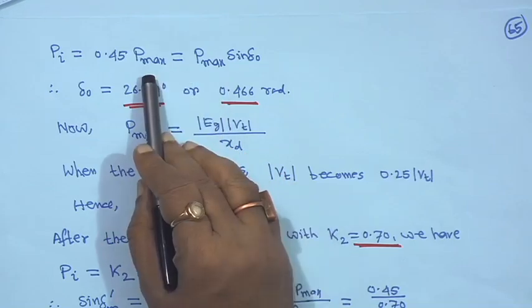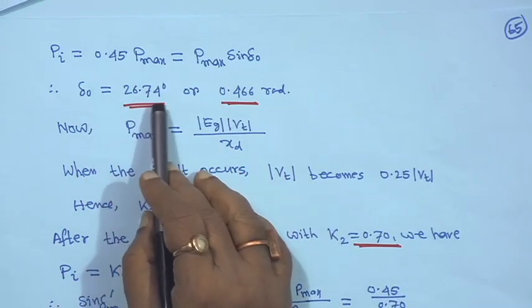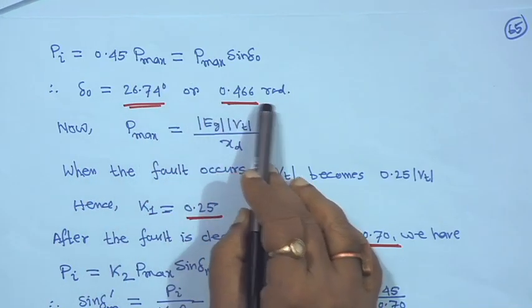P max will be cancelled, so delta 0 will become 26.74 degrees or 0.466 radian.